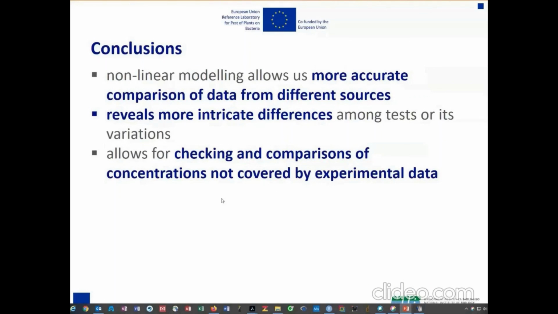So this is what I would like to conclude, that this nonlinear modeling allows us a bit more accurate comparison of data from different sources and coming together with different, sometimes even units, and especially not really comparing 10 to the 6 with 10 to the 6, being aware that none of them are really 10 to the 6, but something else, but compensating for that, and can reveal more intricate differences among tests than looking at the tables, for example, that we looked at in the first part.